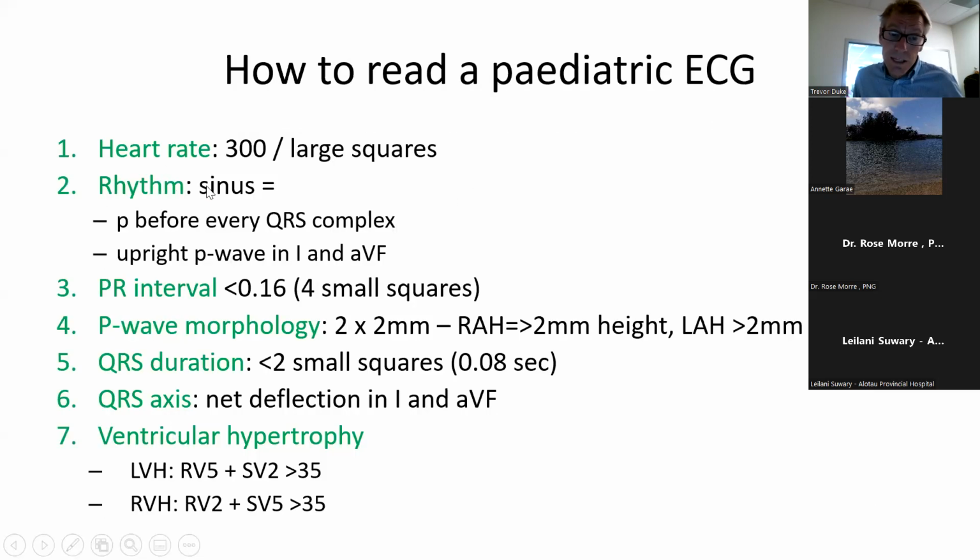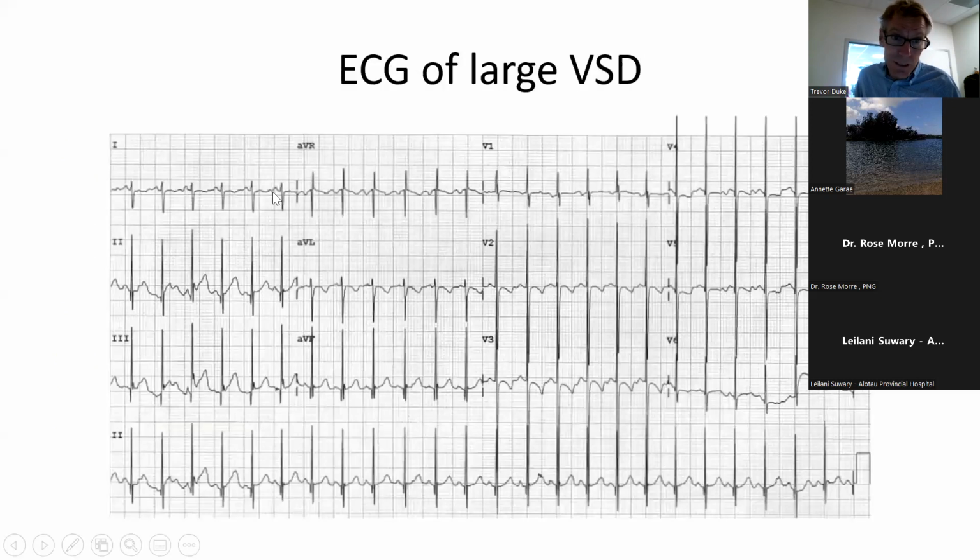The rhythm is sinus if there's a P wave before every QRS complex, and if there's an upright P wave in lead 1 and AVF. Right? And so in this ECG, there looks like there's a P wave before every QRS complex. Right, and there's an upright P wave in lead 1, and AVF also has an upright P wave. So you can say that this is sinus rhythm with a heart rate of 150.